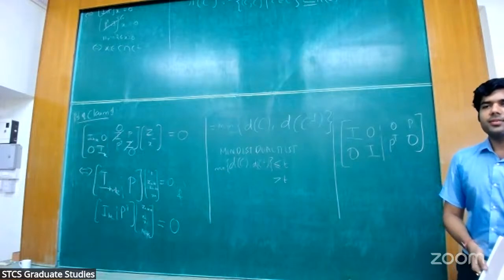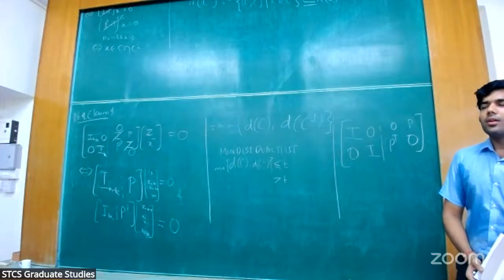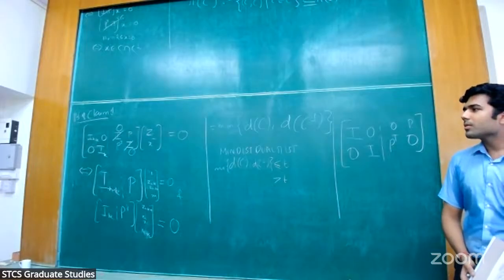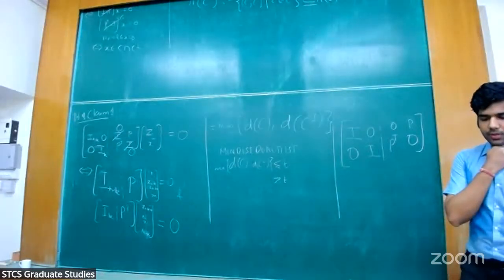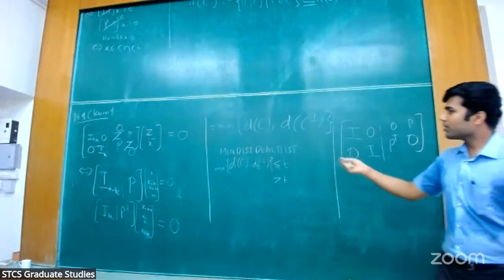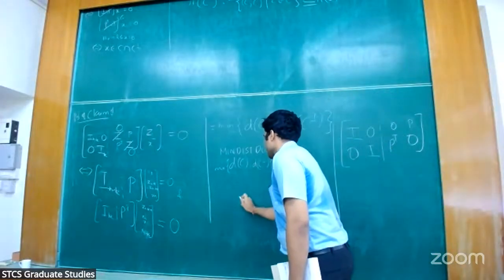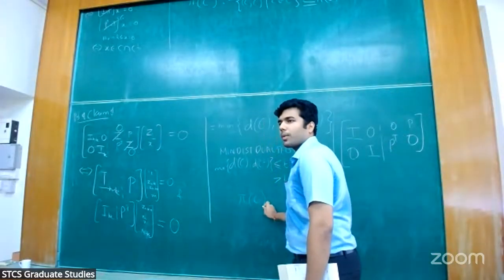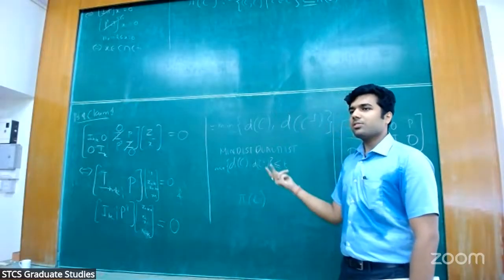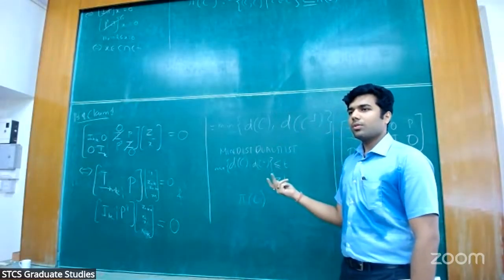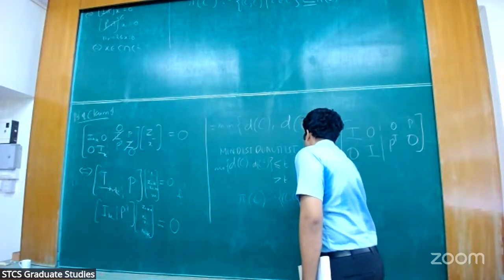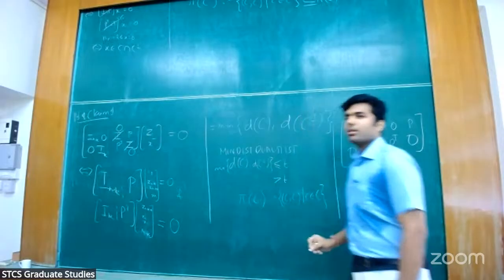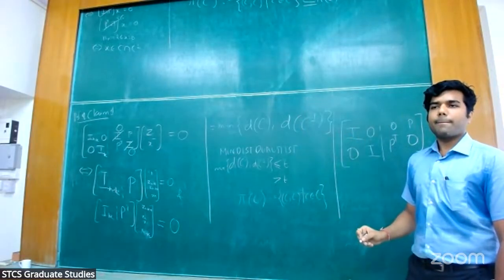Are there codes C where computing the min distance is hard, but computing the min distance of the dual is not? Consider this very code pi of C that we were having. The dual of this will have distance 2. Pi of C was essentially the set of vectors (c, c), where c lies in this code.